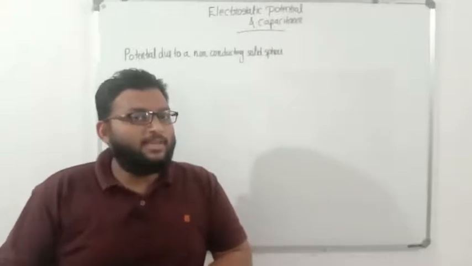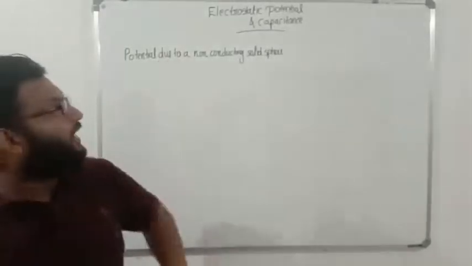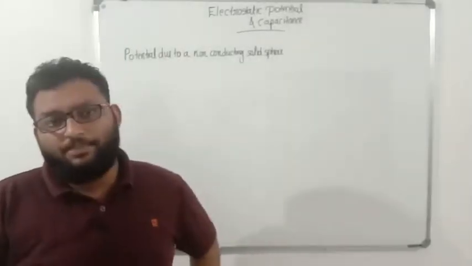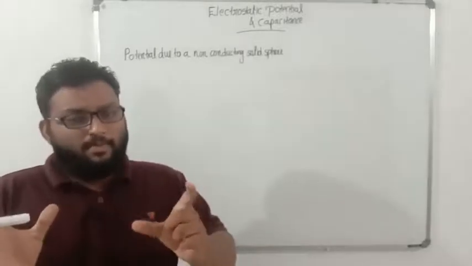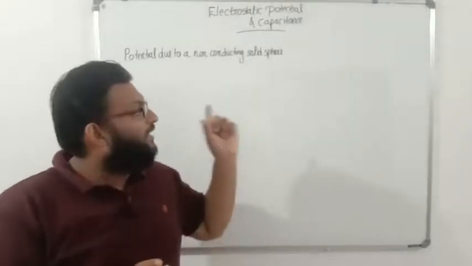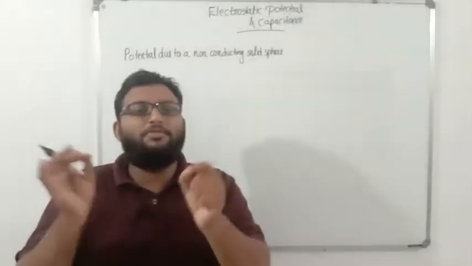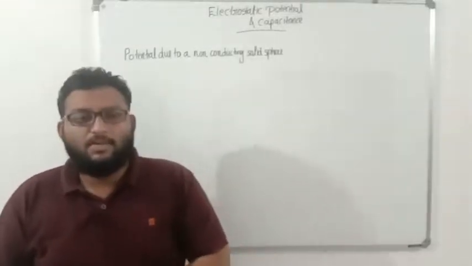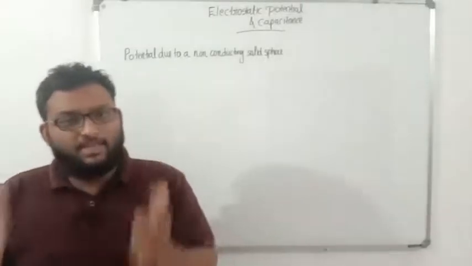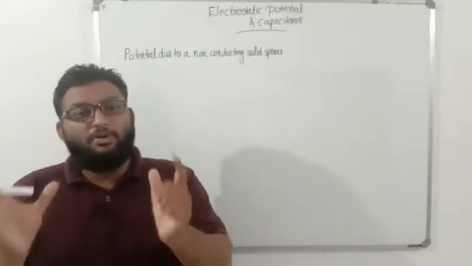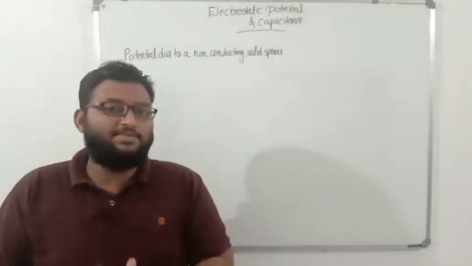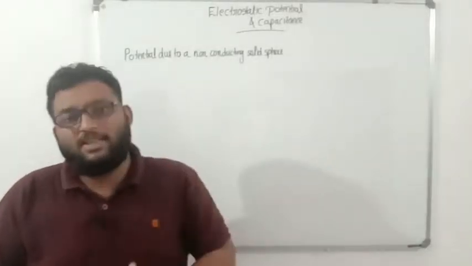Okay, now we will discuss potential due to a non-conducting solid sphere. In the previous part, we have discussed potential due to a uniformly charged spherical shell. For a uniformly charged spherical shell as well as for a uniformly charged conducting sphere, the equations are the same.